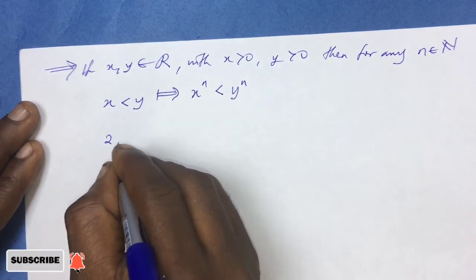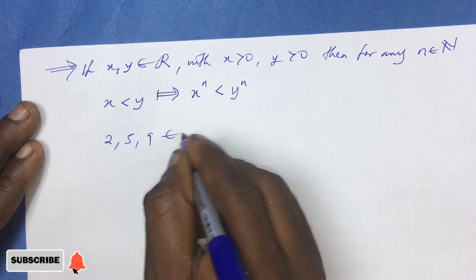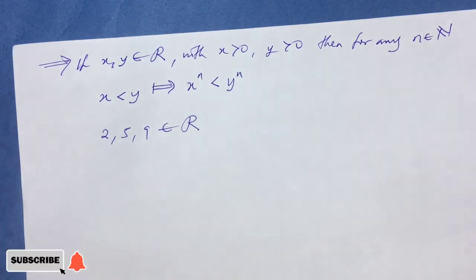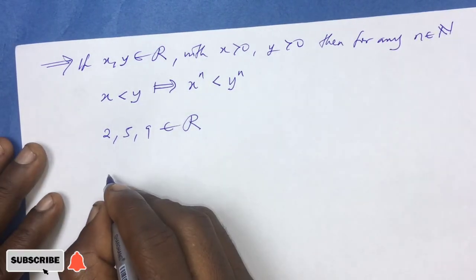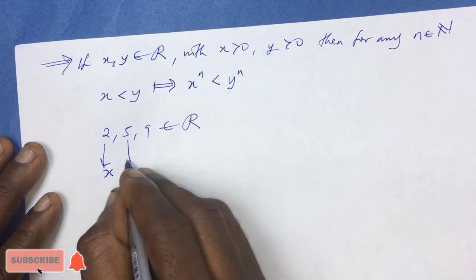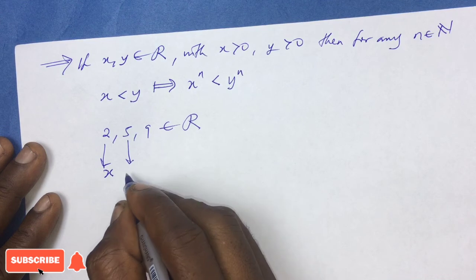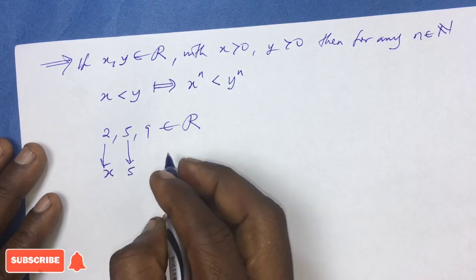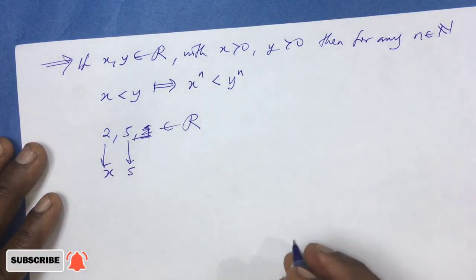If you select 2, 5, and 9 that are members of R, select any 3 of them and notice what happens. Provided your 2 is your x, your y is your 5. Let me omit the 9 here.